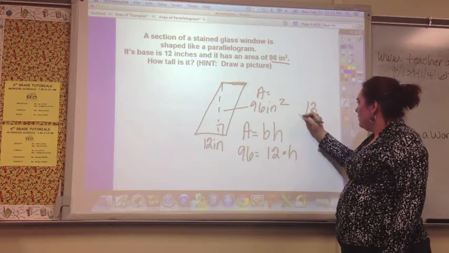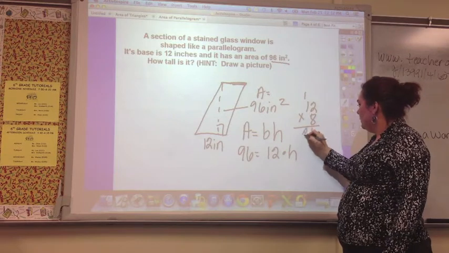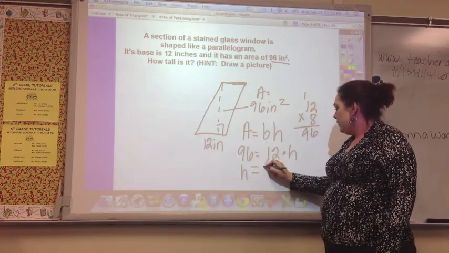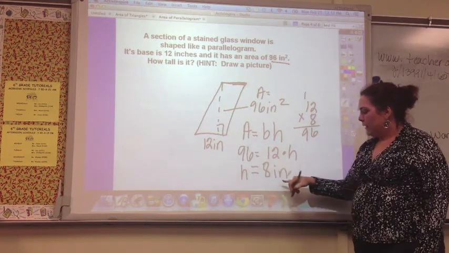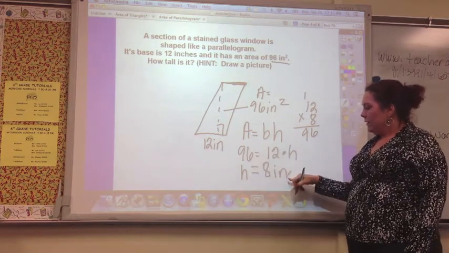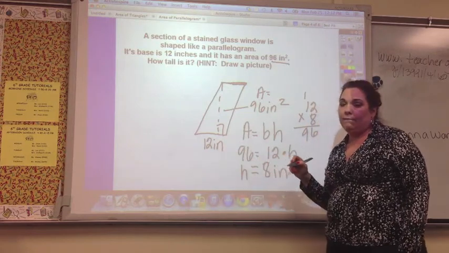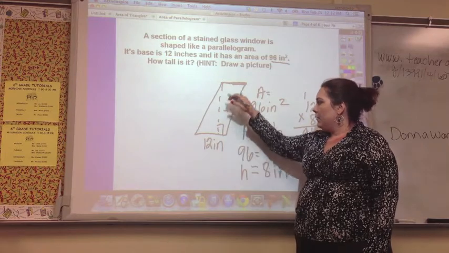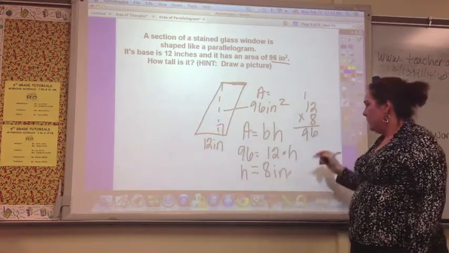Let's try that. 96. So the height is equal to 8, and it's just inches because this unit is squared. So it's 8 inches, so this height is 8 inches. My drawing isn't very good to scale, but you can still get the idea. So this is the area, this is the base, and then the height would be 8 inches.